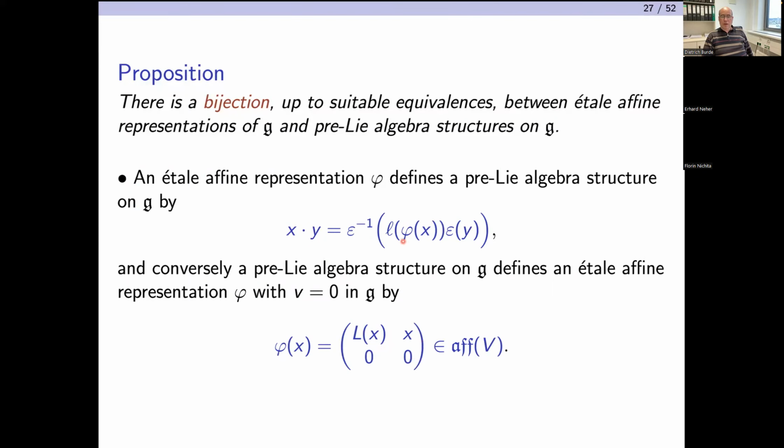So that's one way. And in the other way, if you have a pre-Lie algebra structure, you get an Etale affine representation. We can normalize it to the point 0 if you want, and then this is the Etale representation. So actually, this is just a fancy way of talking again about pre-Lie algebra structures.